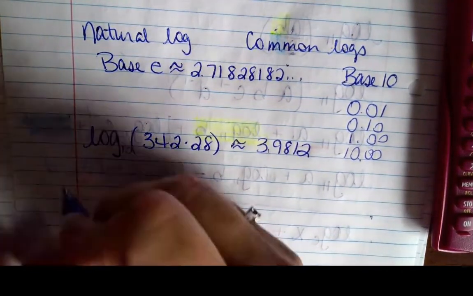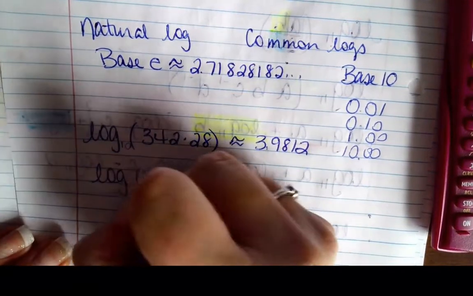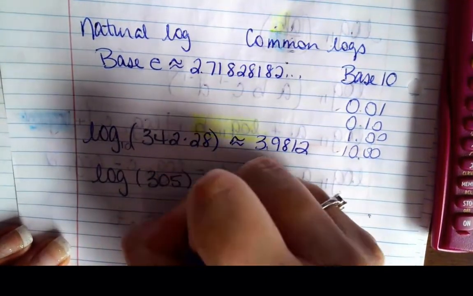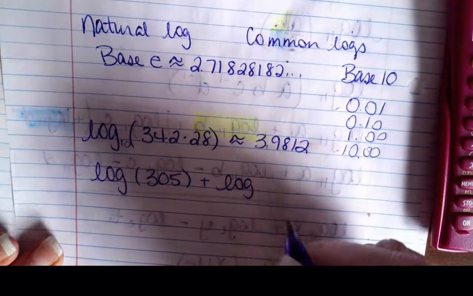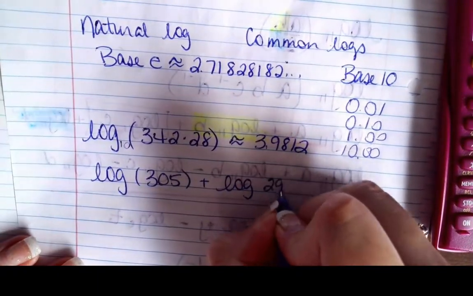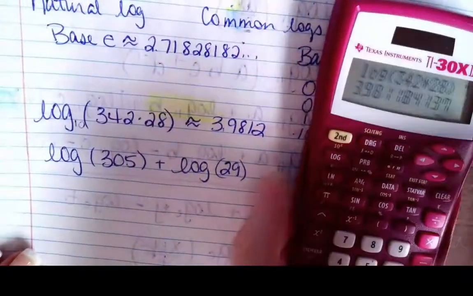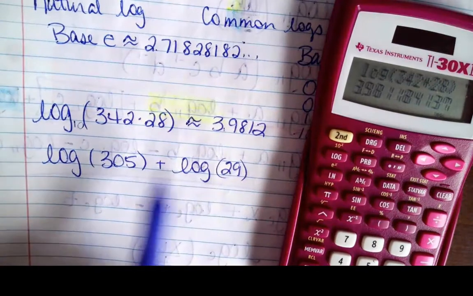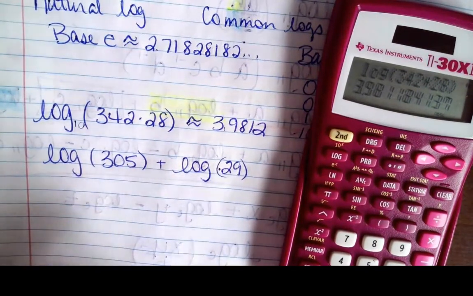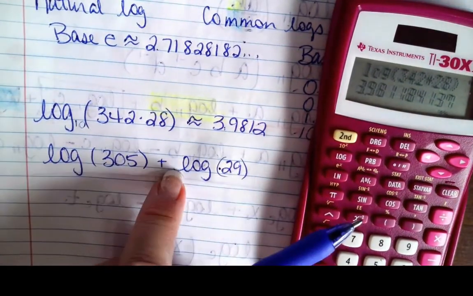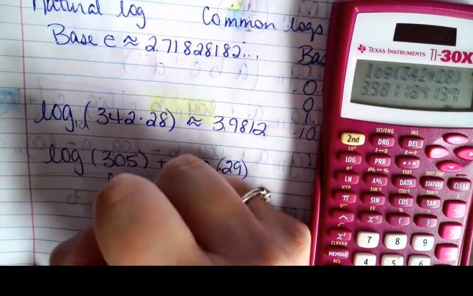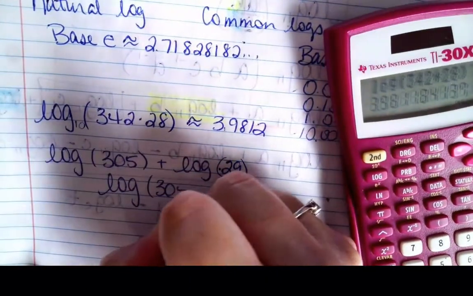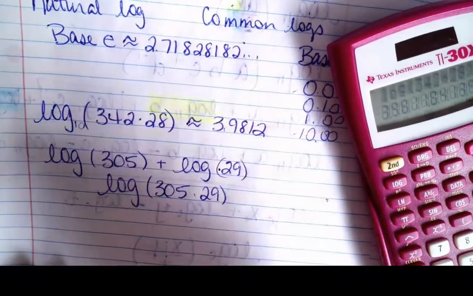We've got log of 305 plus log of 29. Here's the deal. I can do this one of two ways. I can enter it just the way it stands, or I can say I've got two separate logs joined by addition, so I could write that as a single logarithm joined by multiplication.